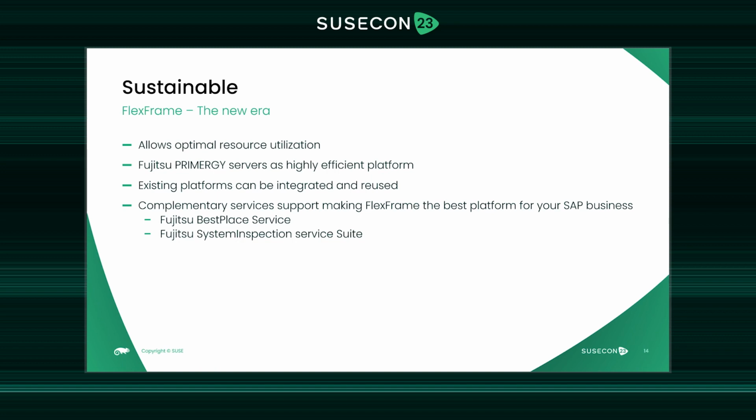Fujitsu System Inspection Service can also help you improving the infrastructure utilization. This collects information about a longer period of time about your infrastructure and utilization, and can identify bottlenecks, but also over-provisioning, so you can tailor afterwards, based on the report you get from the Fujitsu System Inspection Service, your infrastructure to the needs of your SAP applications.